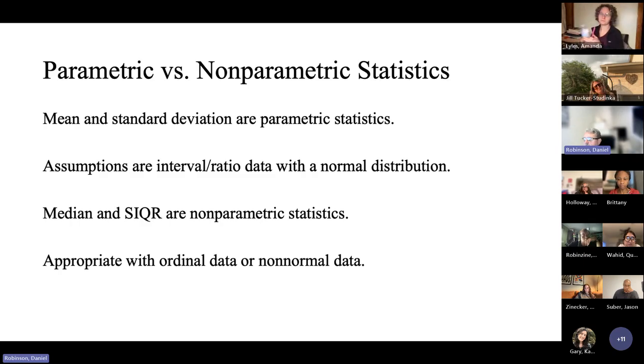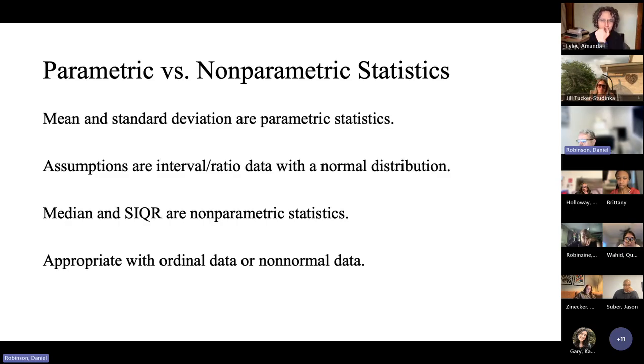If you have an extreme score that's added to the set of scores, what that does in this case with Clark Kent's 493 is it takes that right side tail of the distribution and it pulls it way out there. And it makes that distribution skewed, which means that you shouldn't be using parametric statistics to describe that data set.